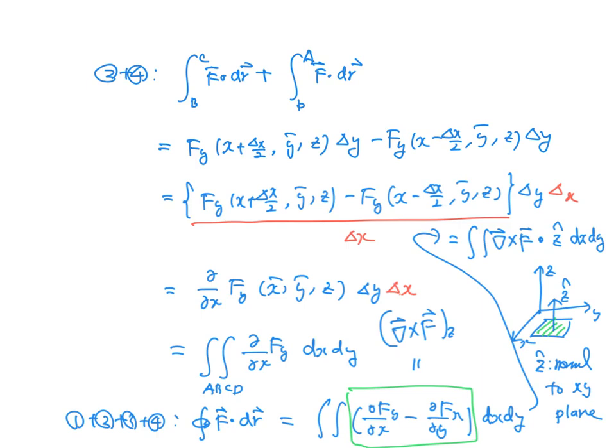So we are going to generalize this to the following. Assuming that we have some curve in 3 dimensions, in a general direction, we have a normal vector.